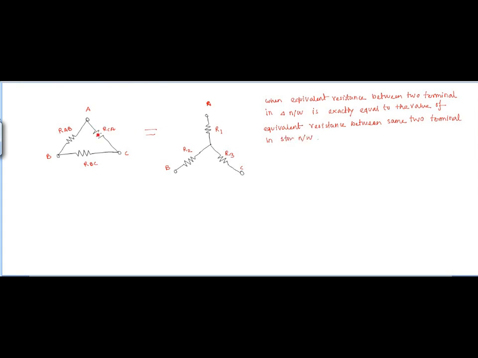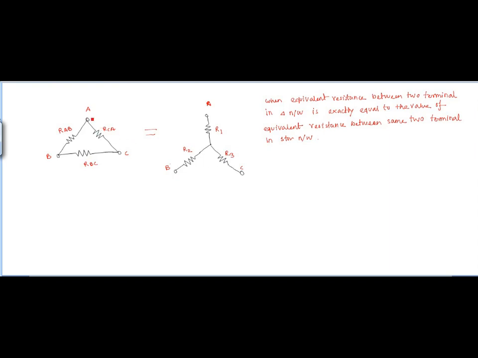Now what I said is that the equivalent resistance between terminal A and B in delta network is exactly equal to the equivalent resistance between terminal A and B in star network. Similarly, the equivalent resistance between terminal B and C in delta network is exactly equal to the equivalent resistance between terminal B and C in star network.